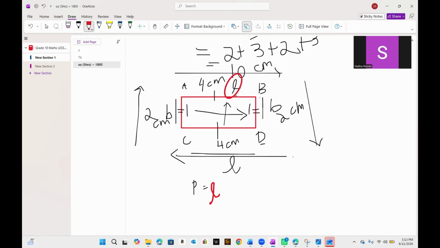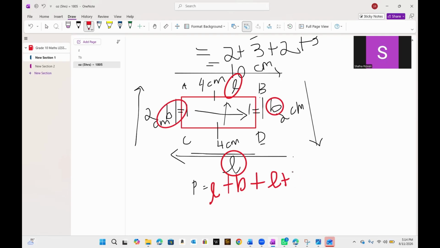So this upper length, you have to add it with this breadth. For length I will say L, and for breadth I will say B. So length plus breadth plus another length plus another breadth.